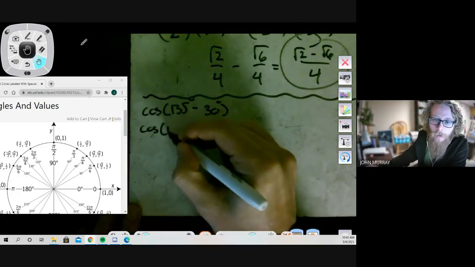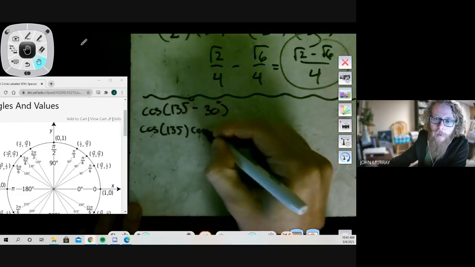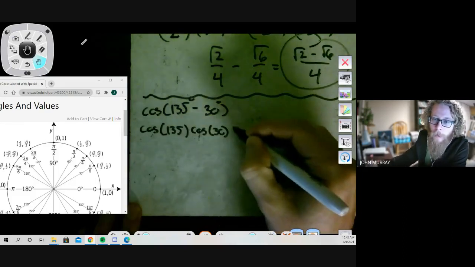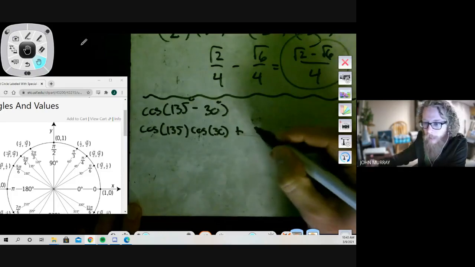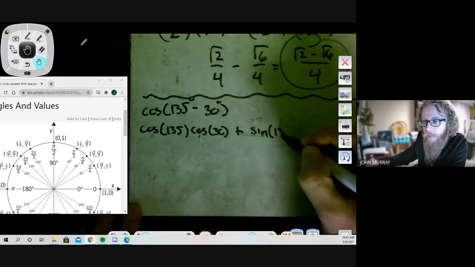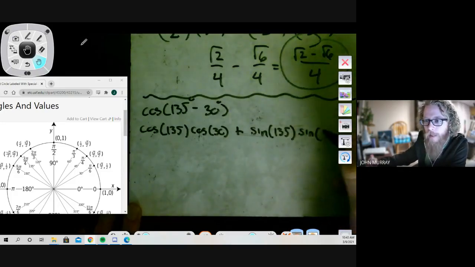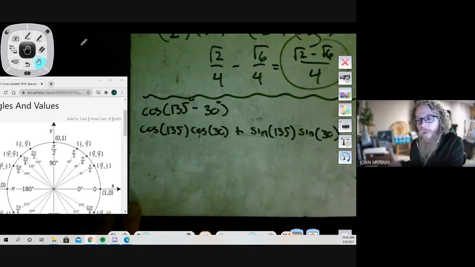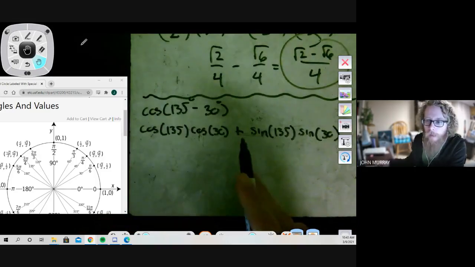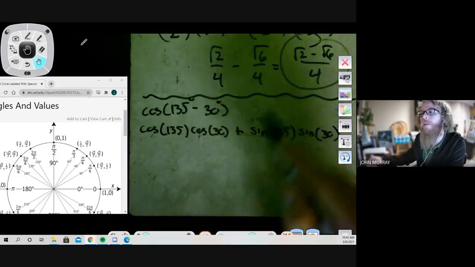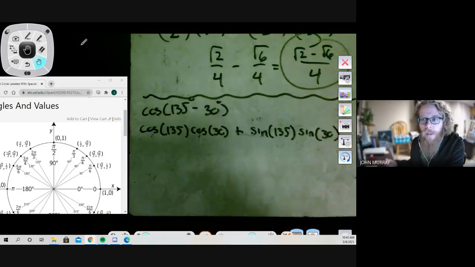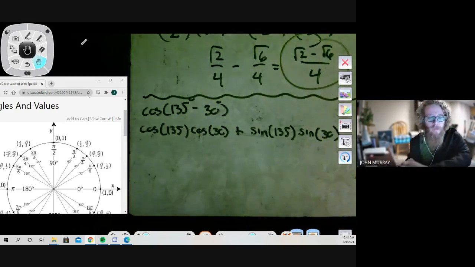So I have the cosine of 135 times the cosine of 30 plus the sine of 135 times the sine of 30. So here right away we see, all right, that's an addition sign. And I know my answer has a minus sign, so let's see what happens.